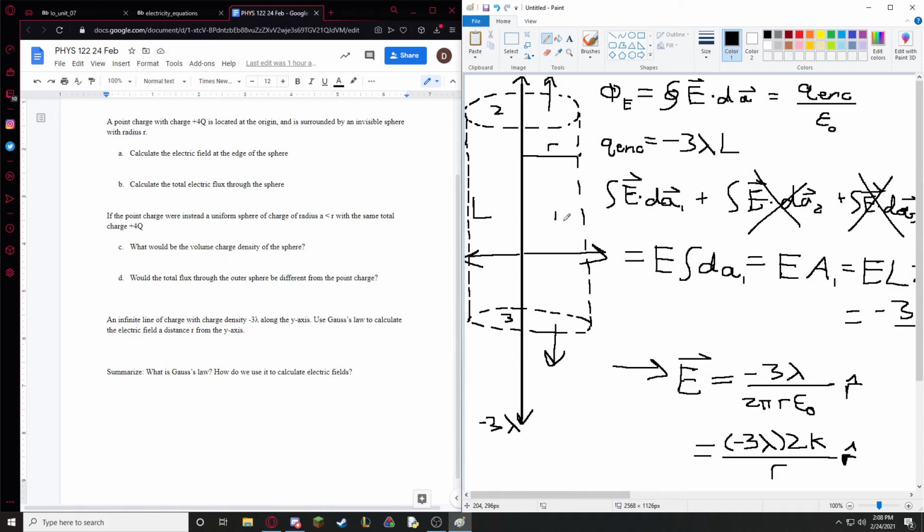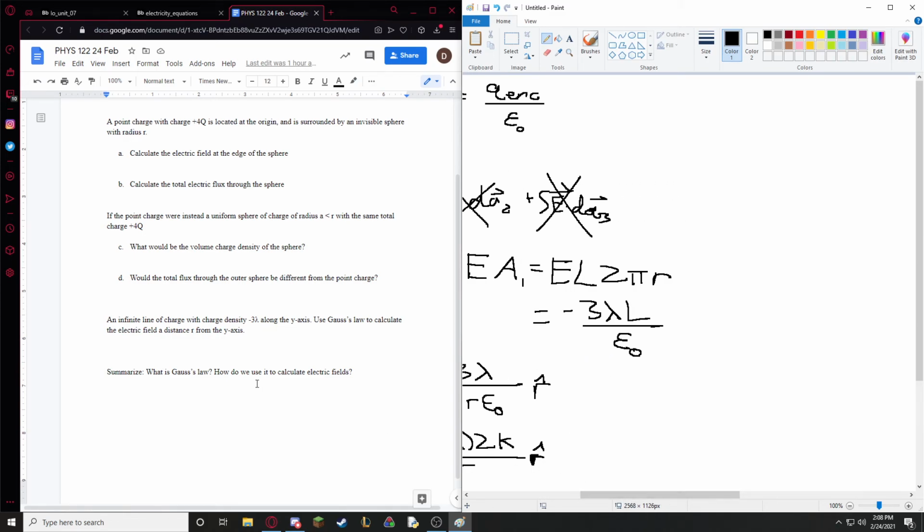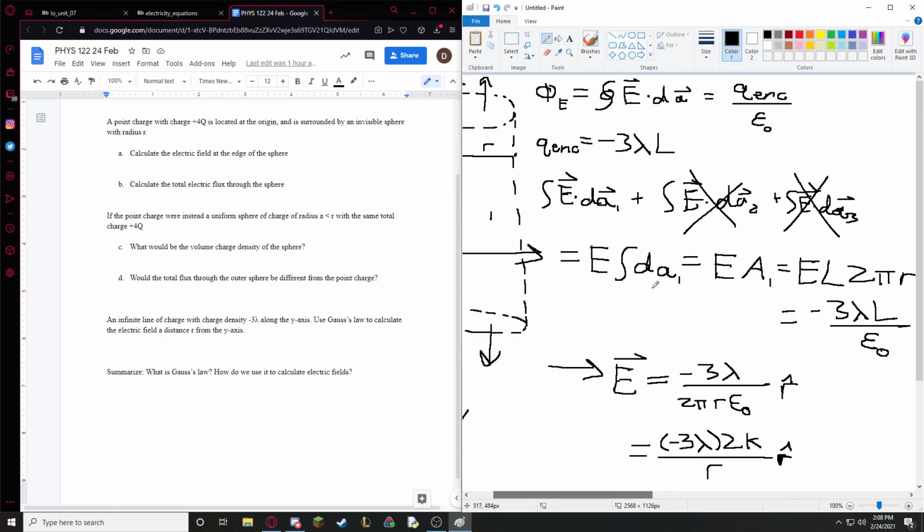Gauss's law turns what's normally about a 10-liner integral that, honestly, I don't expect any of you to have the patience to go through, into a literal 3-liner. Break the integral down. Oh, 2 parts go to 0. Solve for the electric field. Boom, easy.